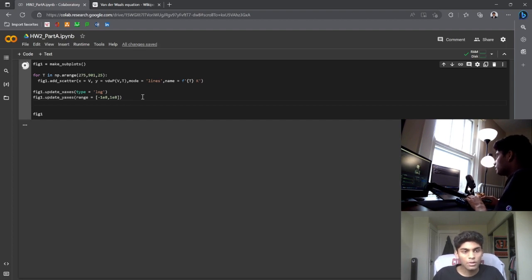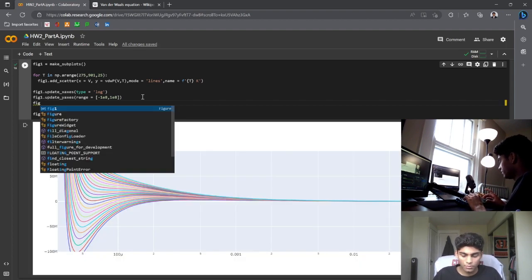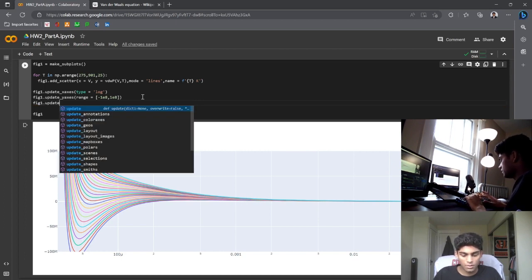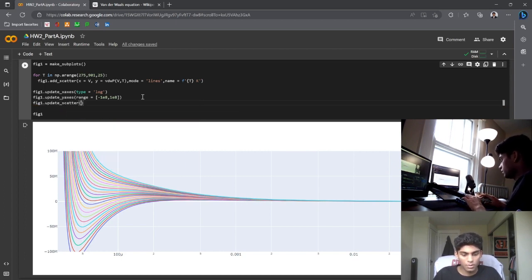And so the last thing we want to do, let's go fig1 dot update, width is equal to 800 pixels, height, let's go like 600 pixels.